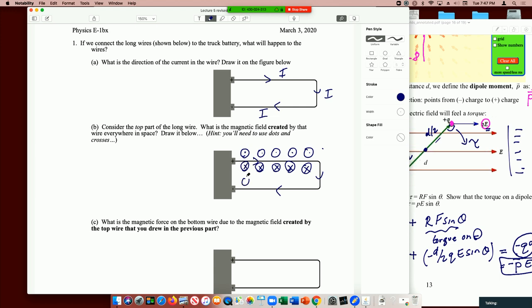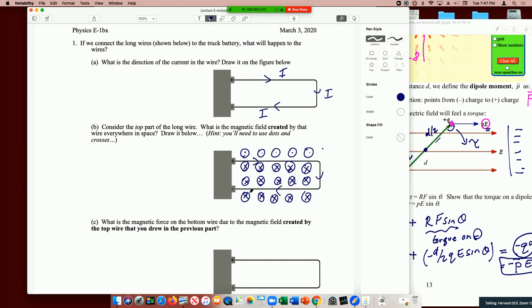And this is just from the top wire. Okay, and you would expect it to sort of extend down below this wire as well. Okay, so does that make sense? So current is going in this direction. It's coming out of the page on the top and going into the page on the bottom.